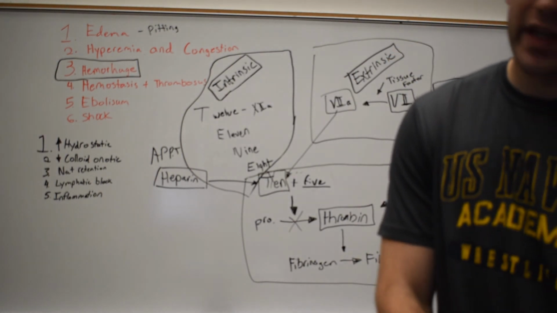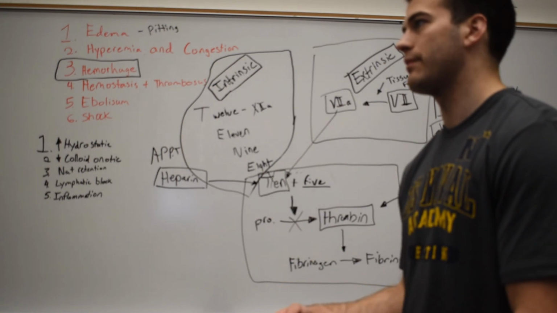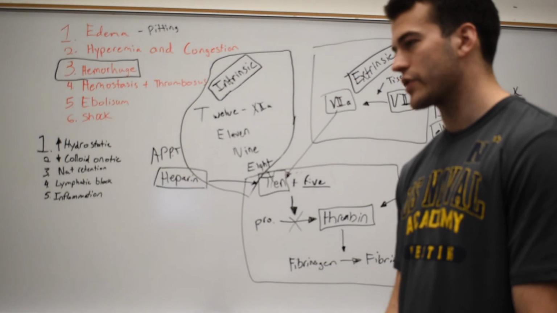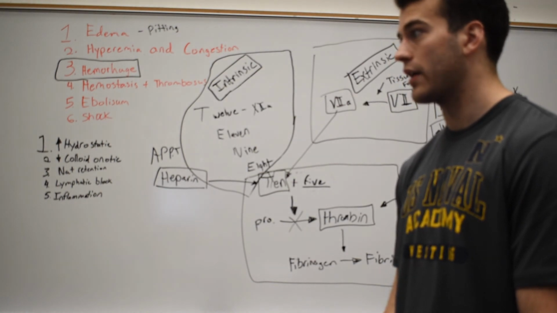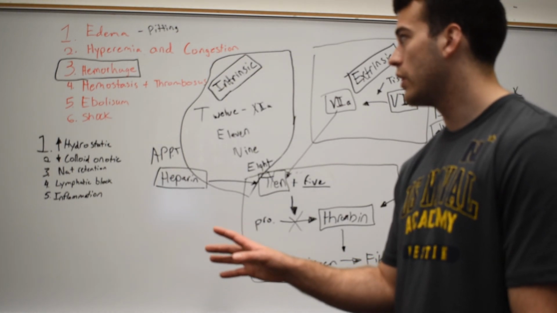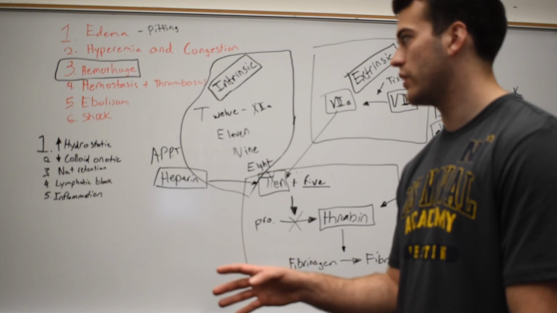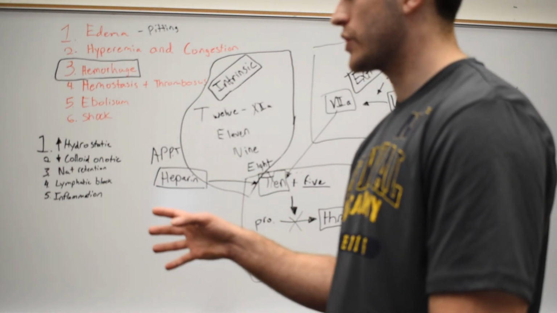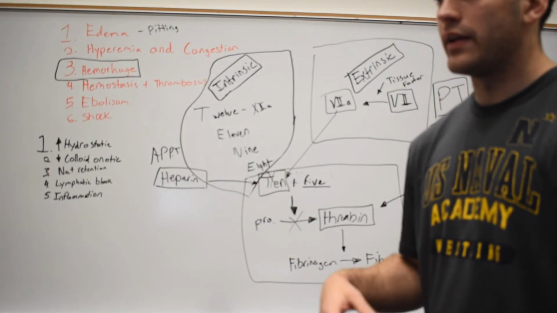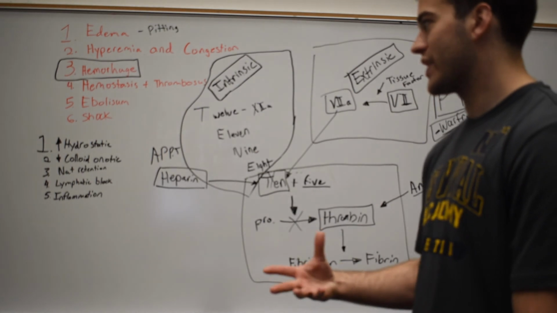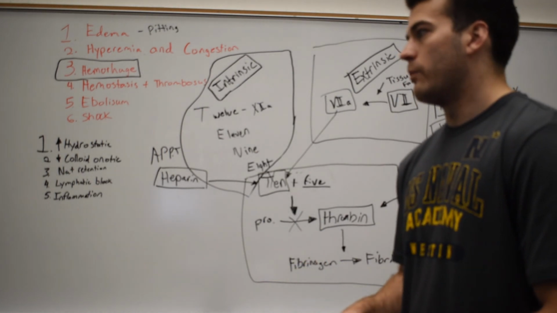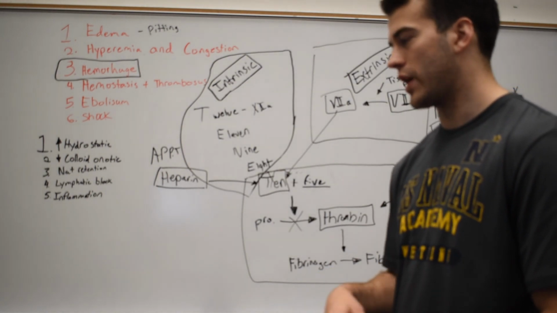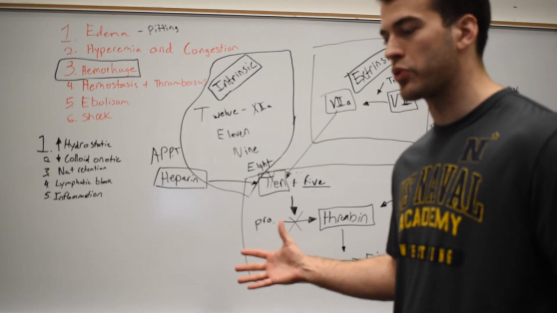The non-progressive stage basically means that you're compensating. So the shock, or whatever pathology is causing you to go into shock, is being well compensated for by your body's normal mechanisms. For instance, if you have hypovolemic shock, where you got stabbed and nicked an artery and you're losing a lot of blood, your blood vessels would try to vasoconstrict everything in your periphery.